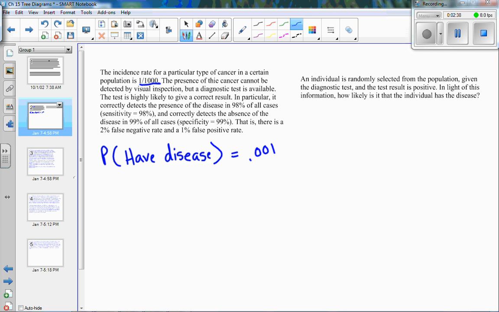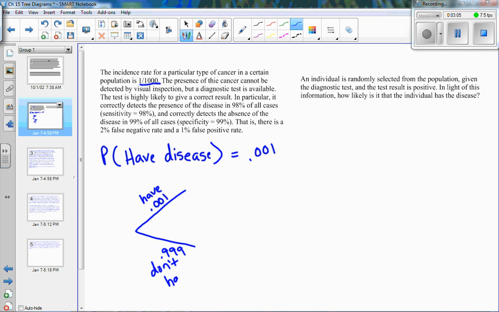Now what I'm going to do is called a tree diagram, and this is going to help us find the probability and answer this question. I'm going to start with the idea that there's a 0.001 chance that you have the disease, which means there's a 0.999 chance that you don't have it.